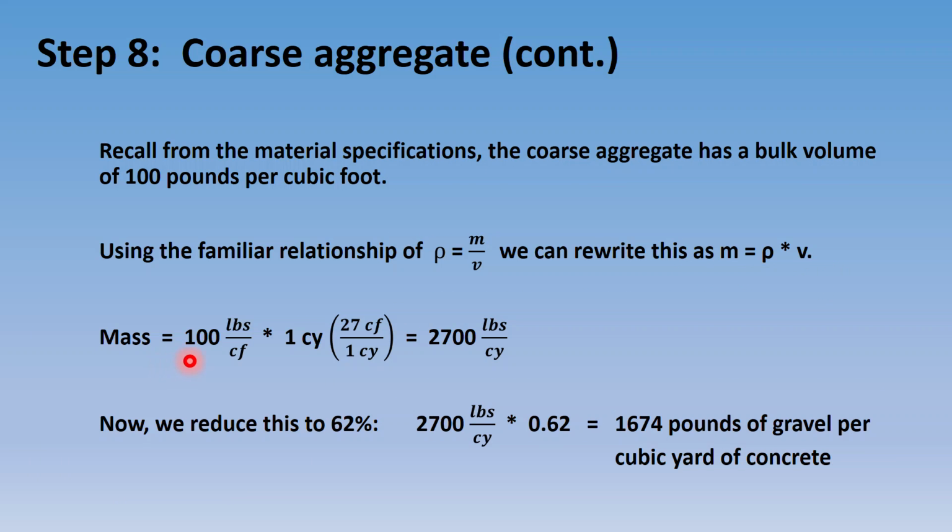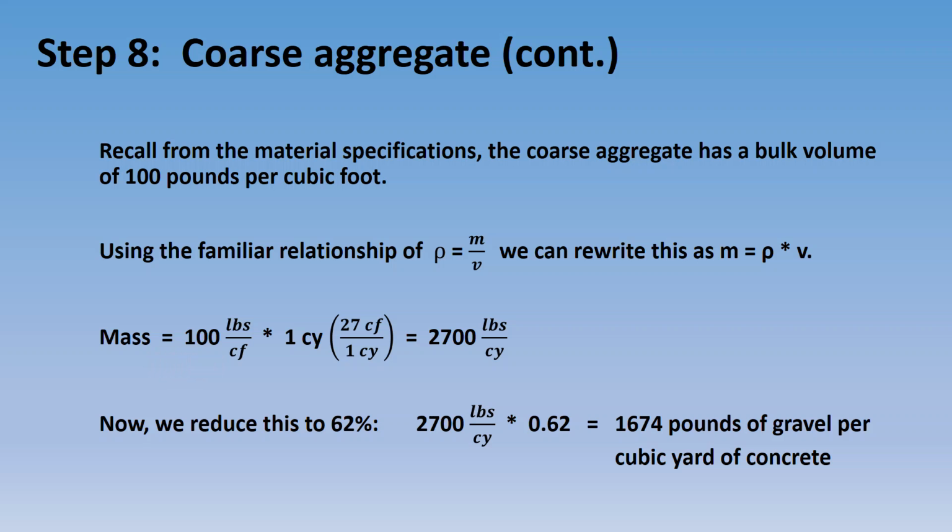So mass equals 100 pounds per cubic foot was the density of our aggregate. That was given in the material specifications back at the beginning, right? Times volume. Volume, this is our theoretical 1 cubic yard of concrete.